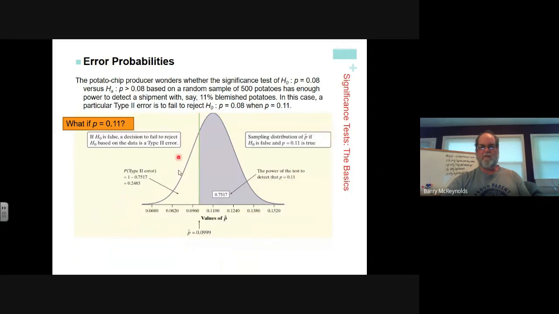We went through this discussion here where the power of the test is the area to the right of our p value here, 0.099. And we said, okay, the power of the test is 0.75.